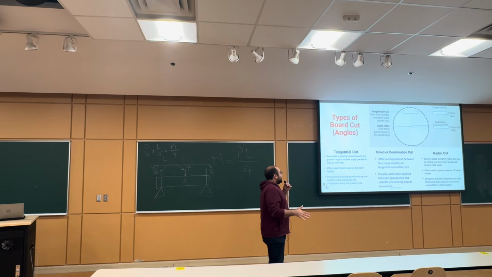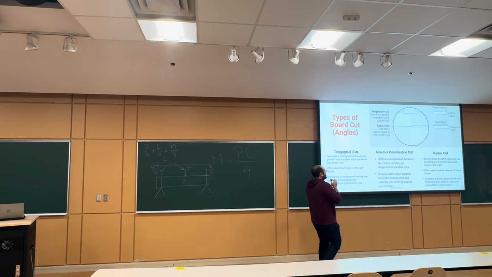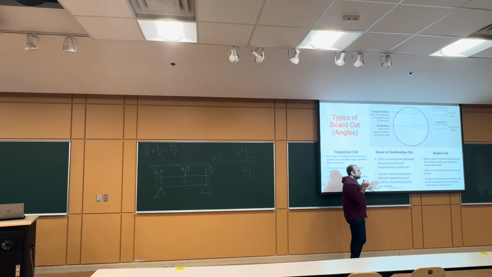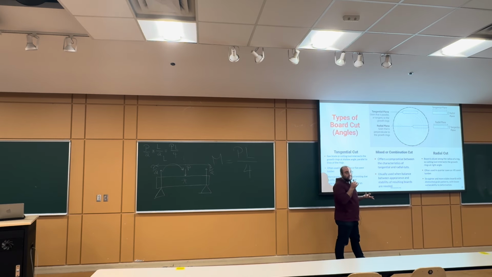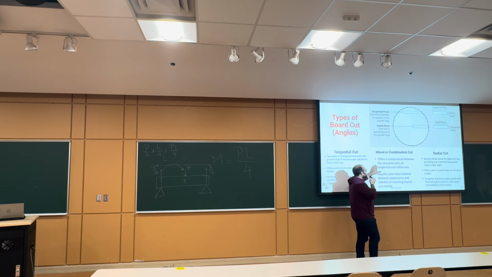And in between, we might have the mixed or combination cut, which is usually the most favorable or the most common when it comes to cutting, especially when we are targeting a radial cut. This is the perfect radial cut, and here, this is like an intermediate cut between both angles, and it offers a compromise between the characteristics of the tangential and the radial cut.